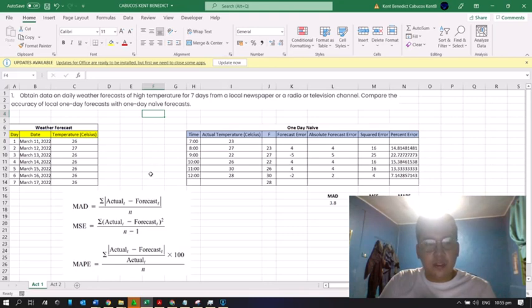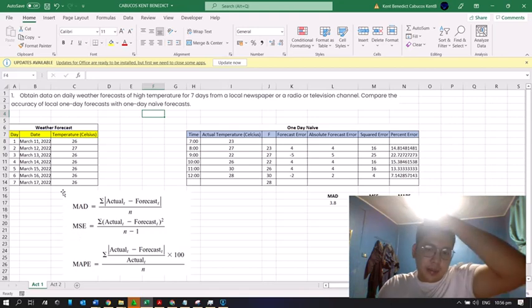So today I'm going to talk about MAD, MSE or MSD, and MAPE, the summary measures for accuracy. MAD means mean absolute deviation, so it expresses the accuracy in the same unit as the data.